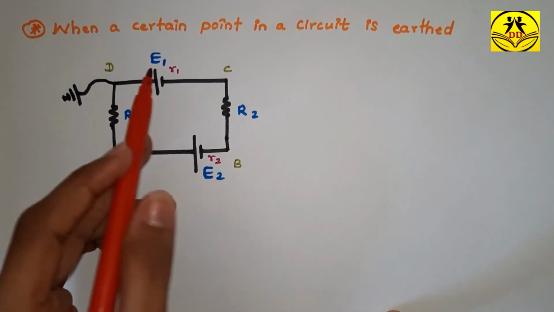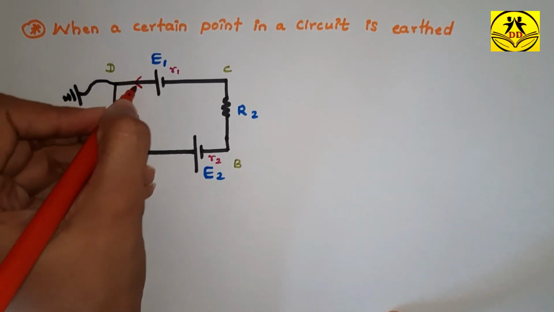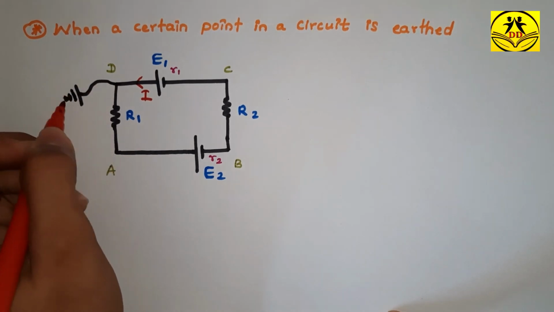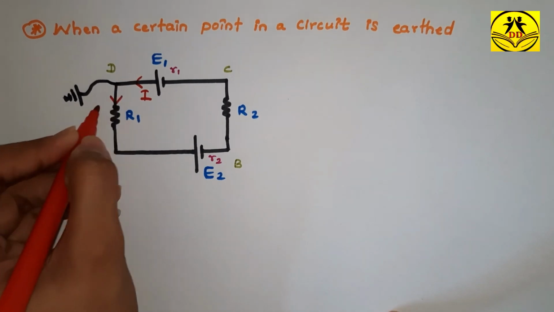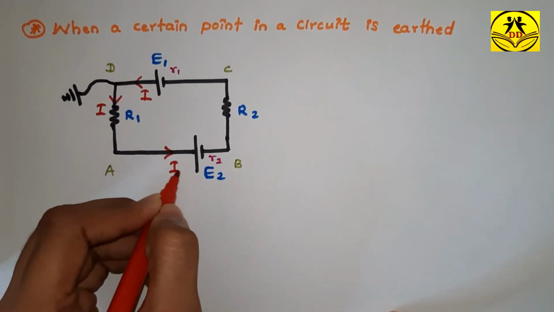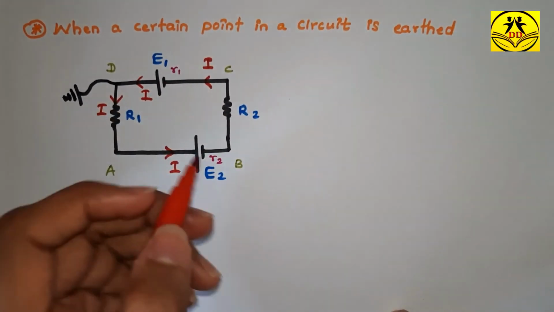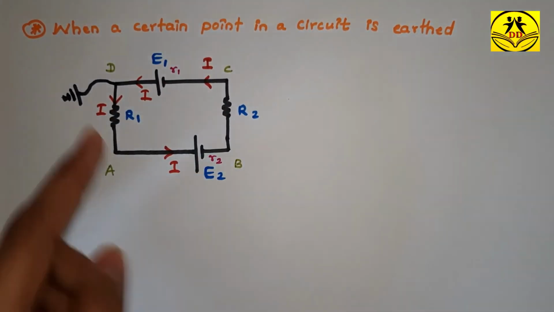If I mark the direction of current flow starting from this, if current I flows here, there's no current flowing to this earth part. The same current I flows through this, and moves back to this cell. So what happens when you earth this?